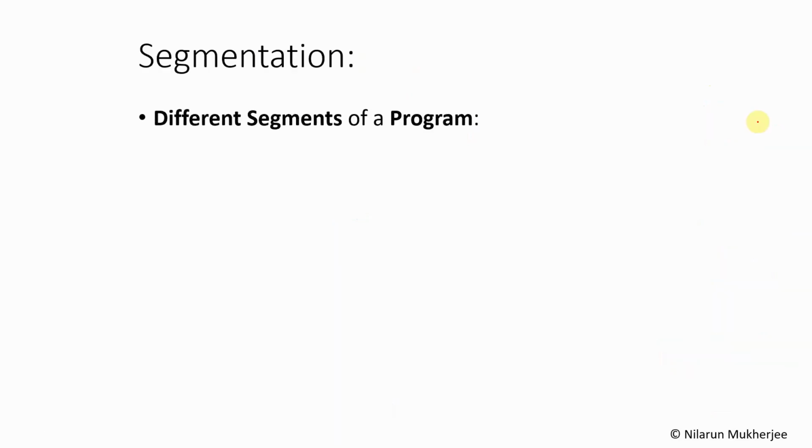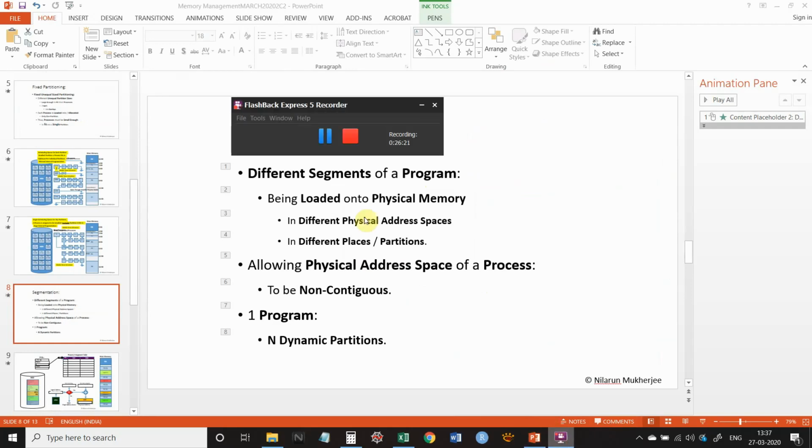Next we move on to segmentation. Segmentation is a contiguous memory allocation scheme where the process is segmented and different segments are allocated in different holes in the memory.